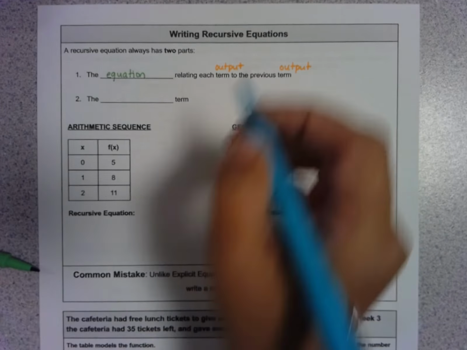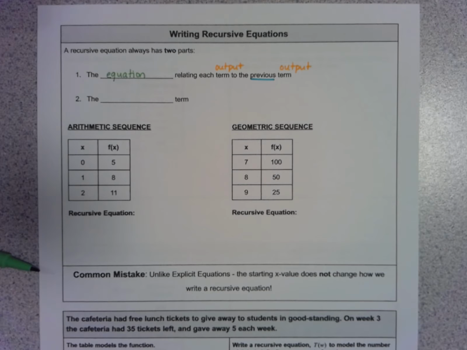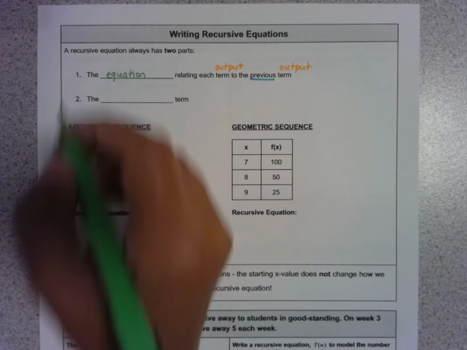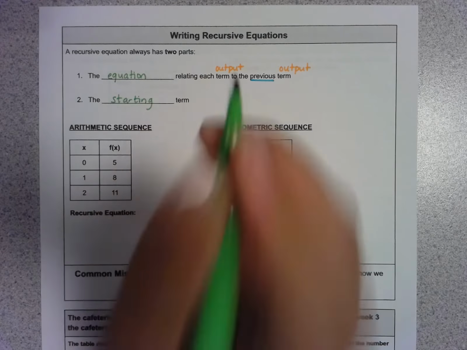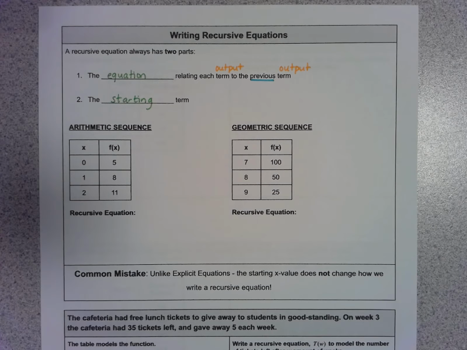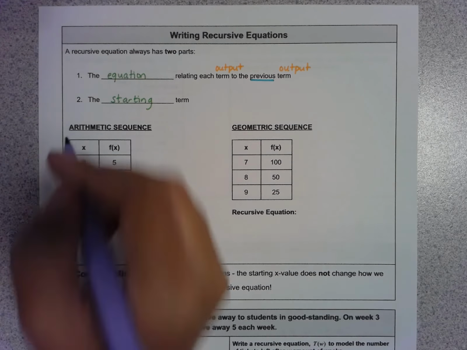And that means that previous means we're going to put a minus 1 for the input. We also need a starting term. So if your pattern is going to be multiply by 3, then we need to say multiply by 3 starting with something.